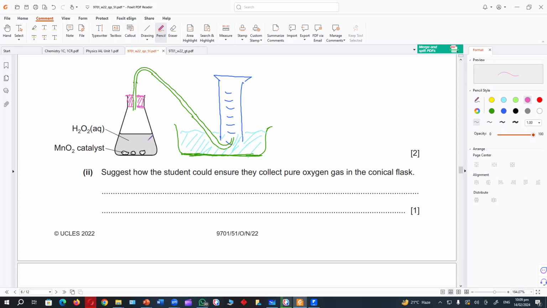So do not collect the initial supply of the gas. Okay.